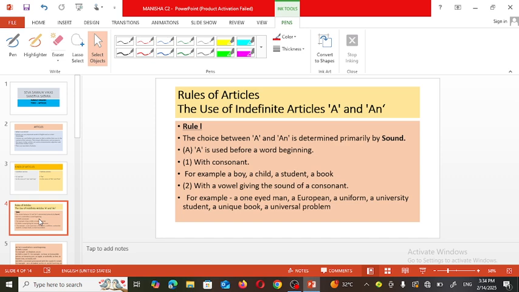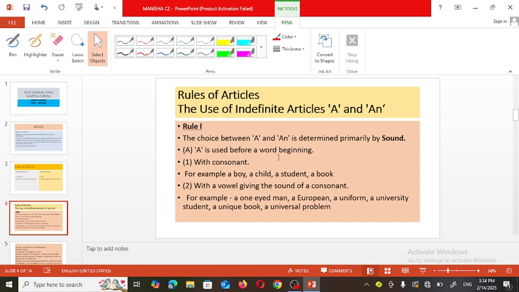We will continue with indefinite articles, that is a and an. Now what is the first most important rule? Indefinite articles we are using before a singular noun. And when we are using these articles, we must give importance to the sound. The choice between a and an is determined primarily by sound.